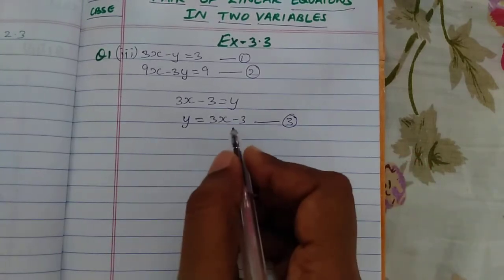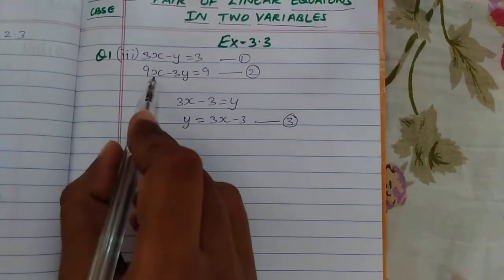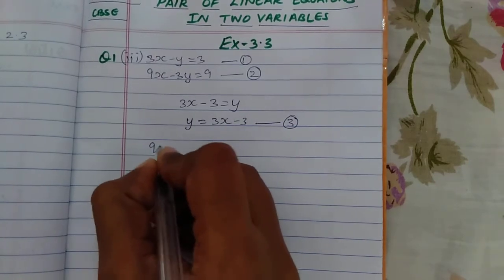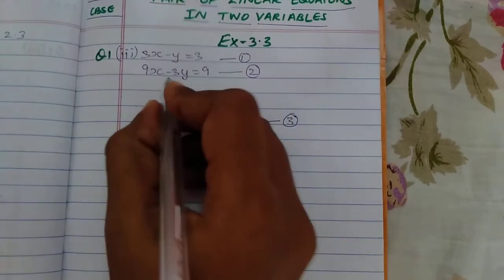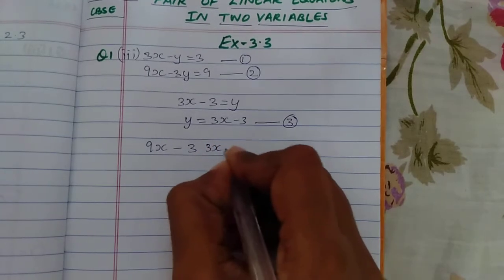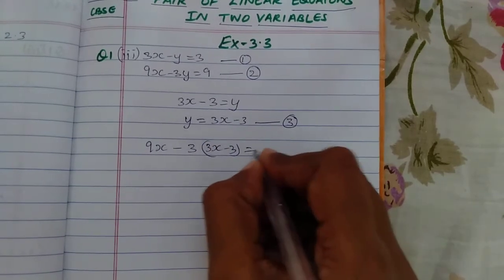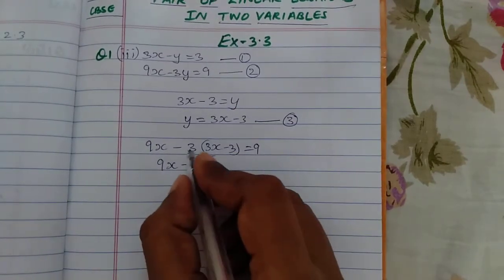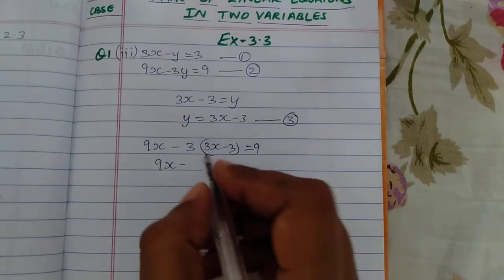Now let's substitute this value to equation number 2. So here 9x minus 3y, where y is 3x minus 3, is equal to 9. So here 9x minus 3 into 3x minus 3 is equal to 9.